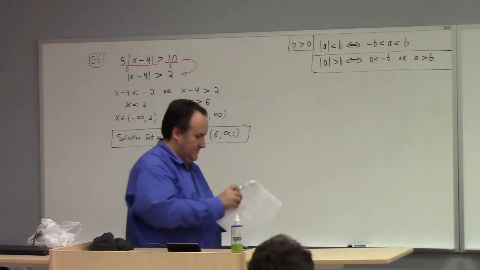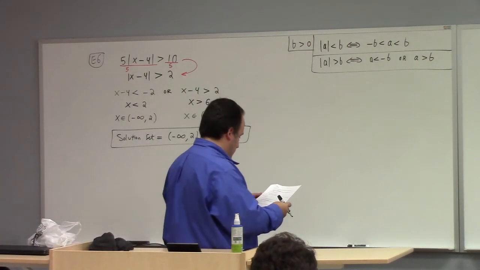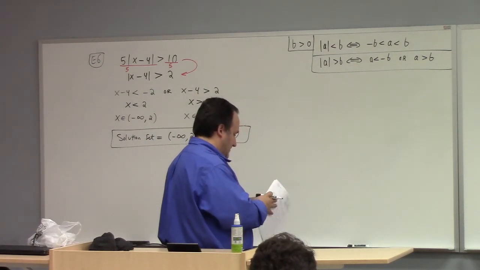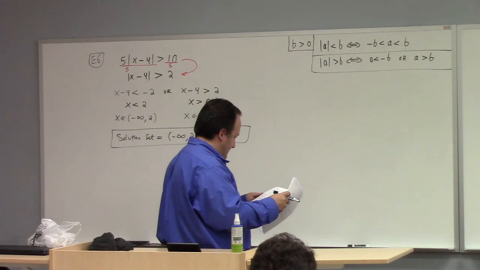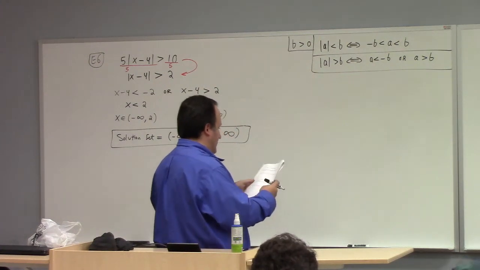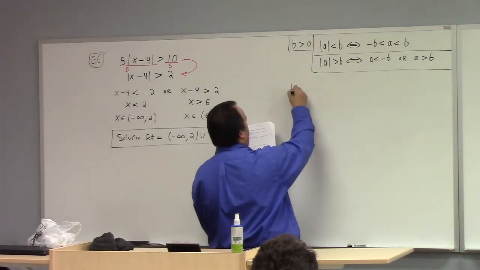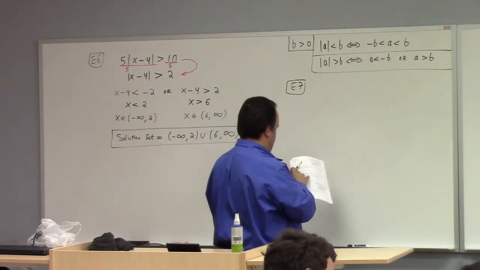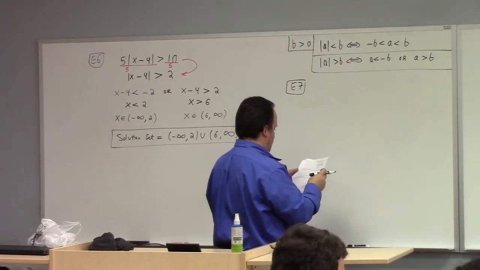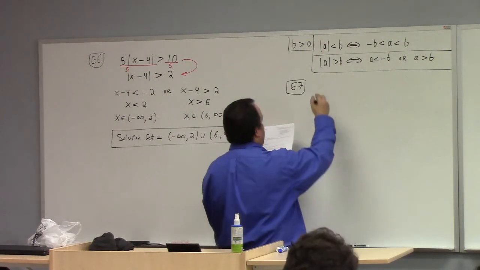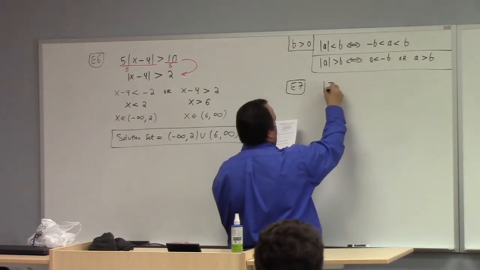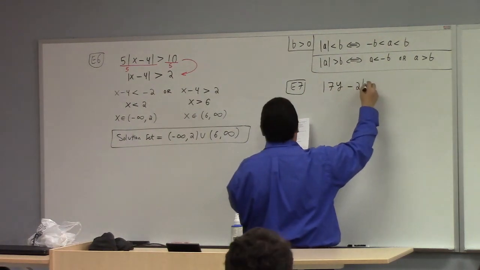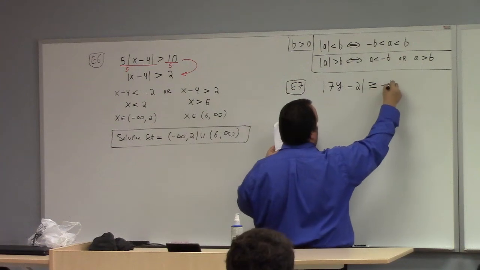How about this one? What if we are going to solve example 7. Absolute value of 7y minus 2 greater than or equal to minus 12.